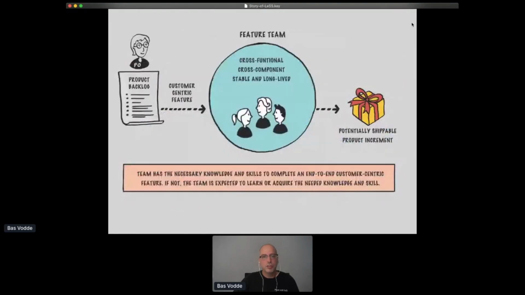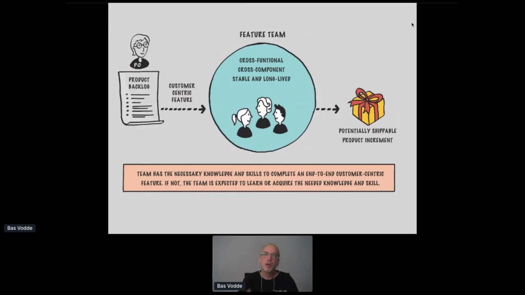The alternative to this is a feature team structure. And in a feature team structure, you have teams that can potentially work on multiple components, and you give them a feature. And it's the team's responsibility to implement the entire feature independent on what component they will need to touch themselves. And therefore, there's no more dependencies between the teams related to the feature.